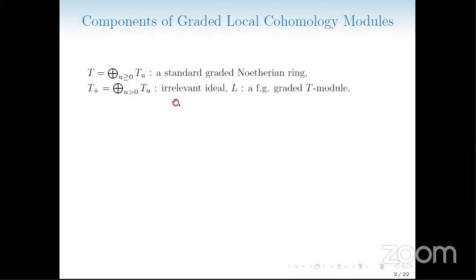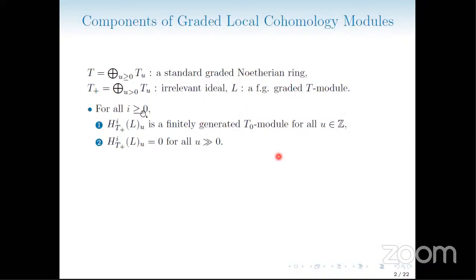Let T be any standard graded Noetherian ring, and T plus denote its irrelevant ideal. Let L be a finitely generated graded T module. Then several authors have studied the ith local cohomology module of L with respect to T plus, and it is observed that they are particularly well behaved.